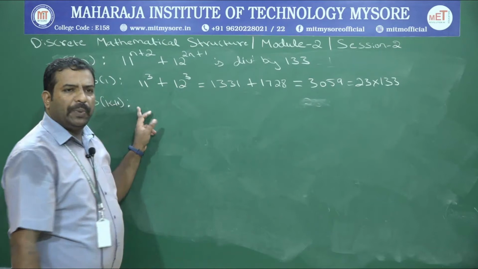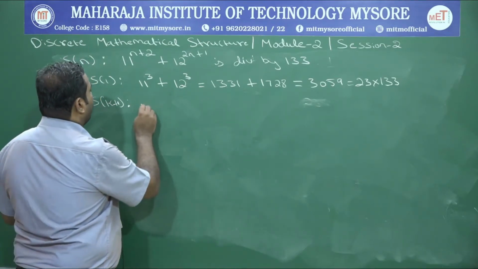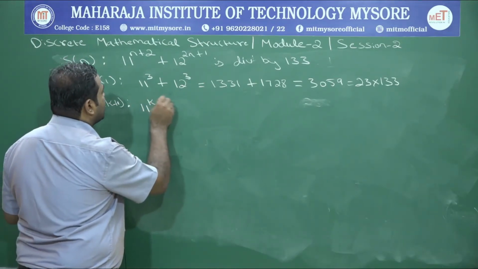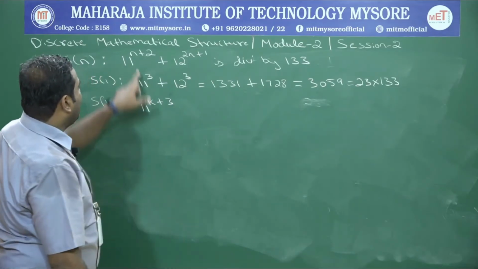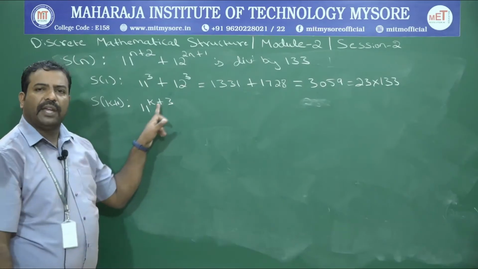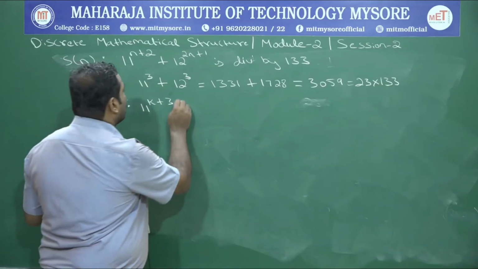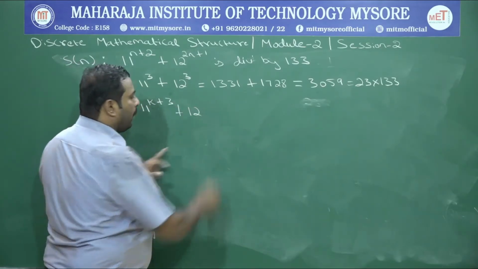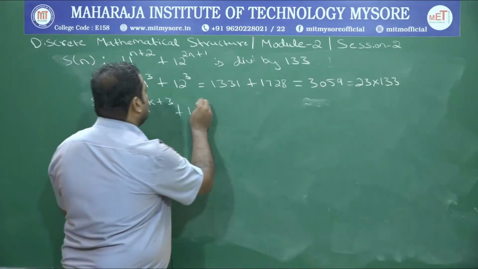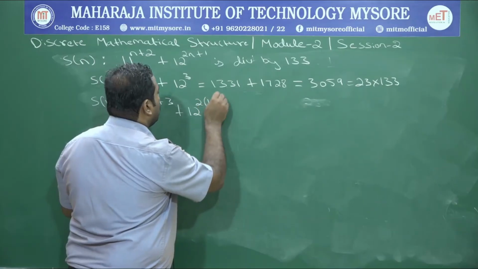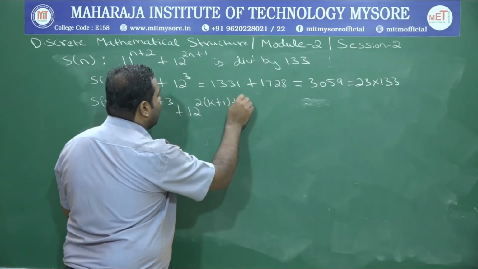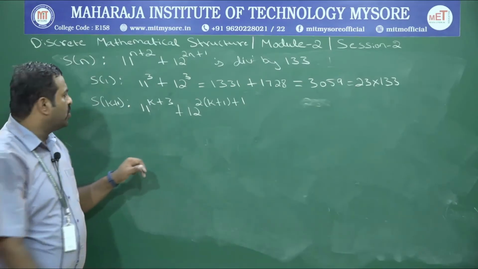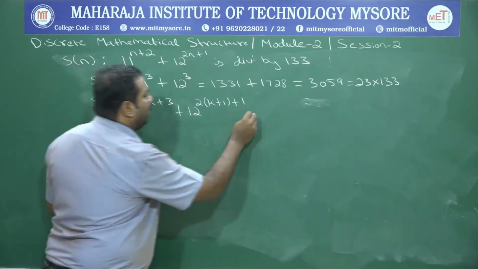Which is going to be 11 to the power of k plus 3, because I replace n with k plus 1, hence I am saying k plus 3, plus 12 to the power of 2 into k plus 1 plus 1. This is the statement.